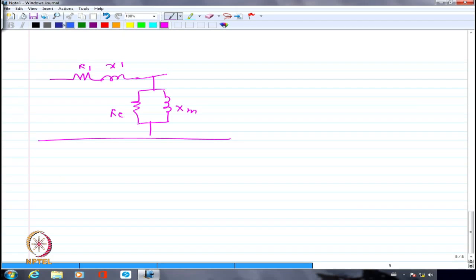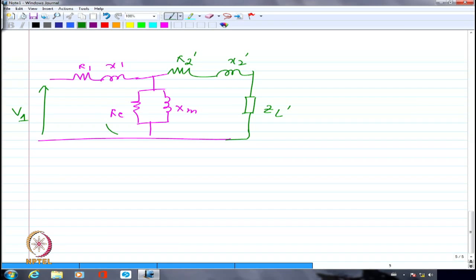And on the secondary side, I am going to have R2 dash, X2 dash, and ZL dash. What I am applying is V1. What I am getting here is E1. I can also call that E2 dash. No harm in saying that, right?